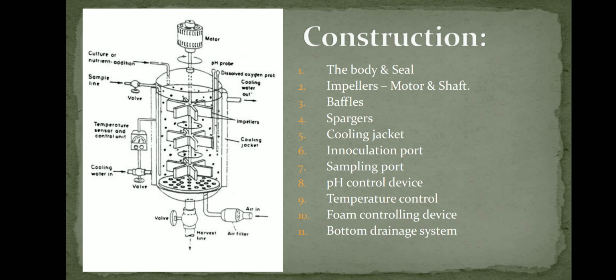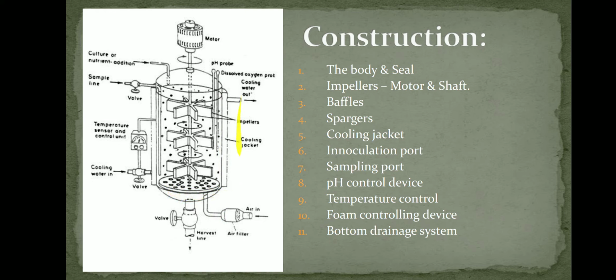Now moving on to the construction of a typical fermenter. A typical fermenter has a body, a seal, and impellers connected to a motor and a shaft. There are baffles present at the periphery of the walls of the fermenter, and then there is a sparger.